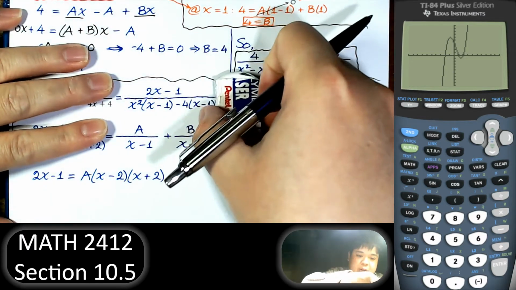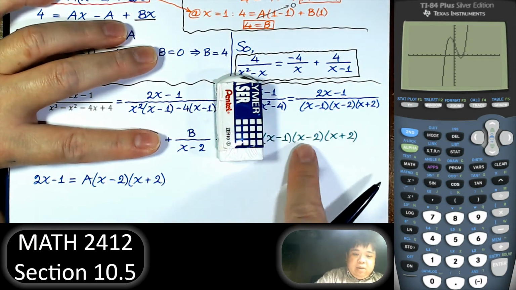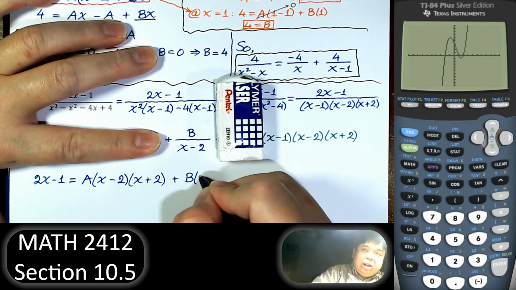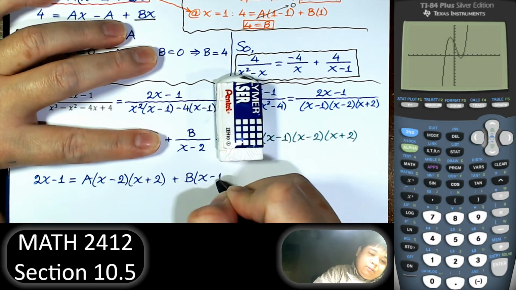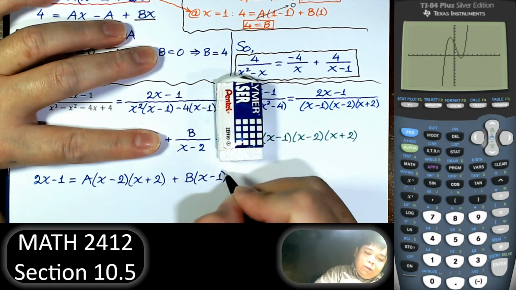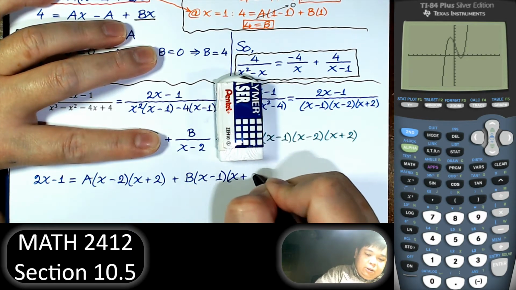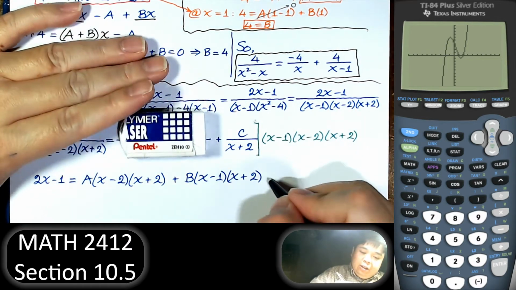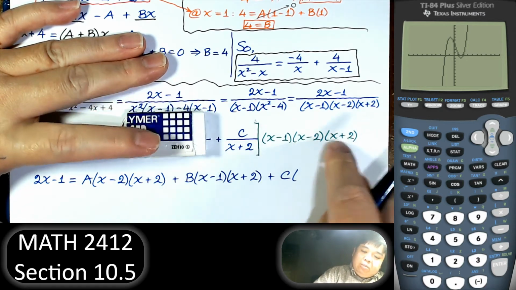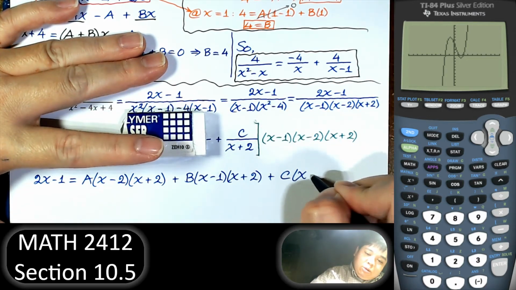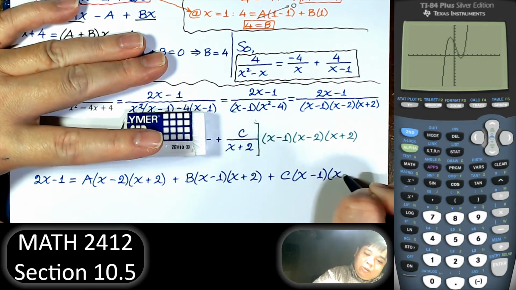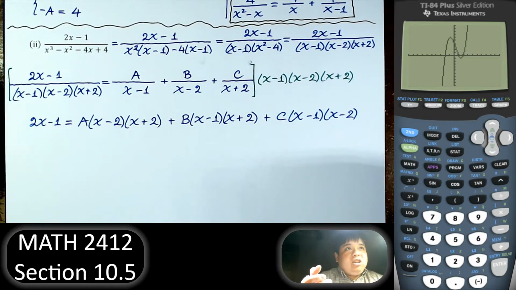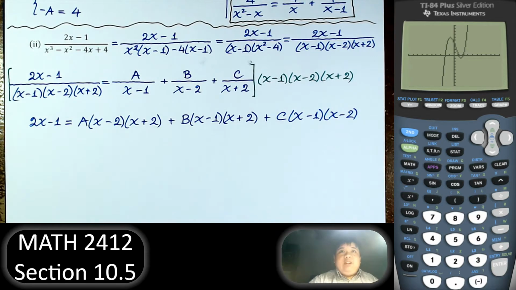Now focus on the b term, the second one. x minus 2 cancels out, we have x minus 1 and x plus 2. And then the last term, c: x plus 2 cancels out, x minus 1, x minus 2. Now the rest is just multiply them out, combine like terms, and then solve for the coefficients.